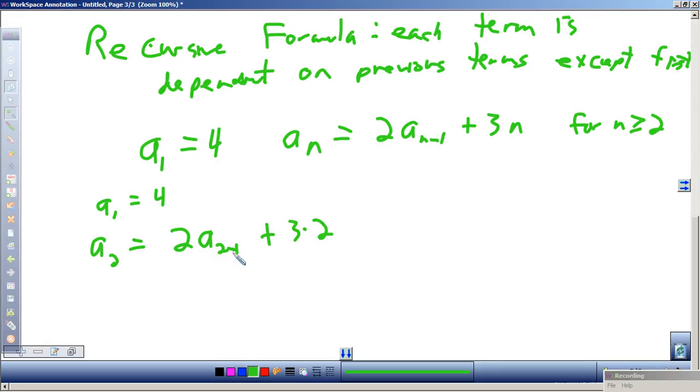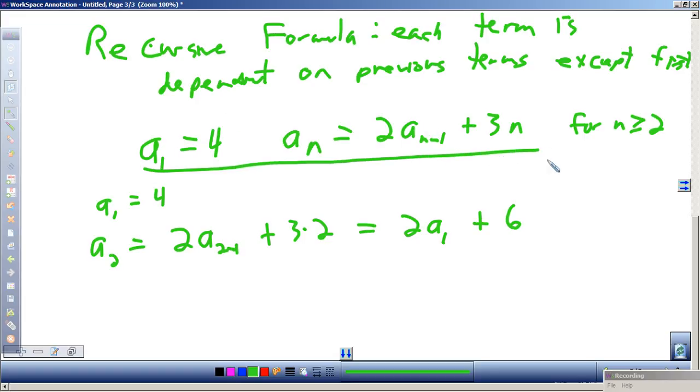What is 2 minus 1? So this is the same as saying 2 times a_1 plus 6. Right here is the formula we're using. What is a_1? So this is going to be 2 times 4 plus 6. So a_2 is 14.